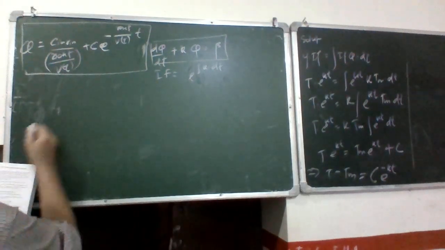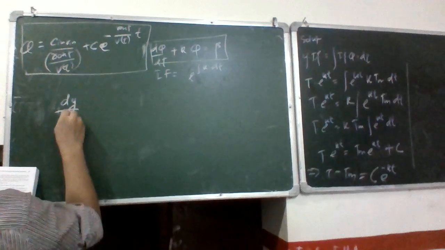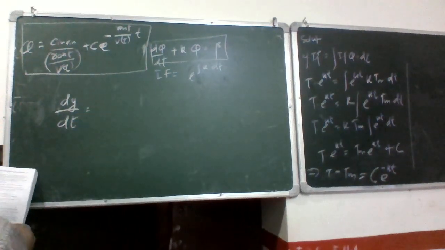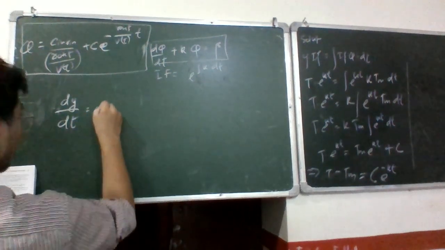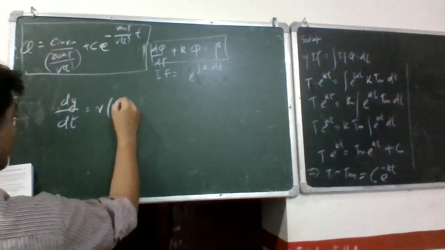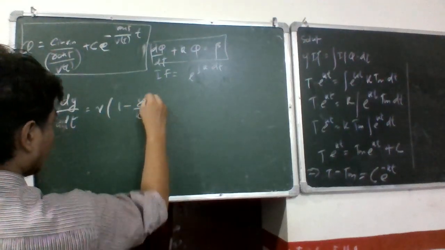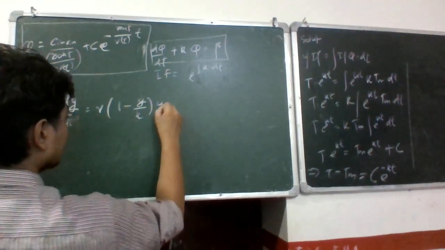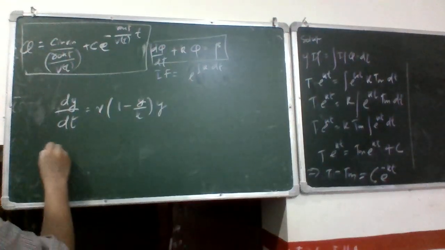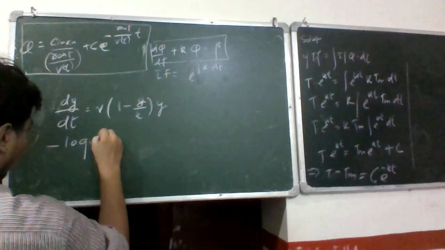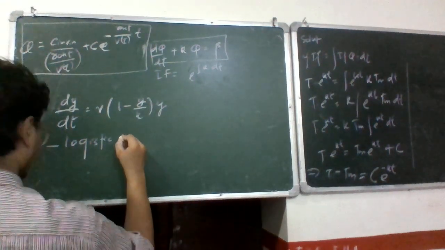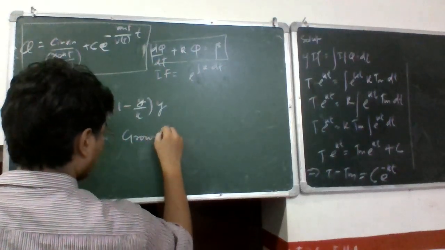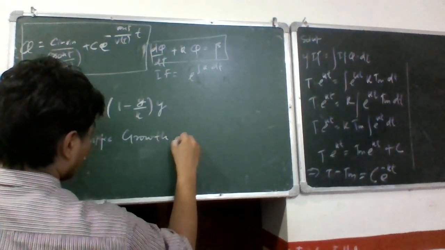Suppose we have a logistic equation where y represents the population at a particular instant of time, and r is the rate of increase of population, then it is this equation which is called the logistic growth equation.